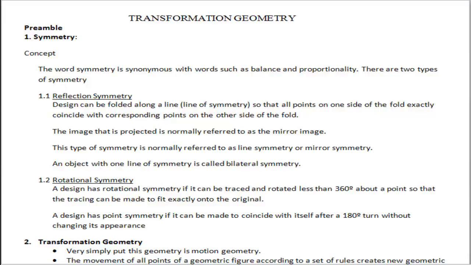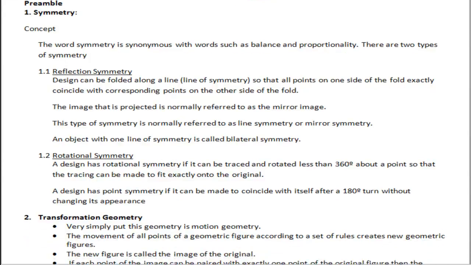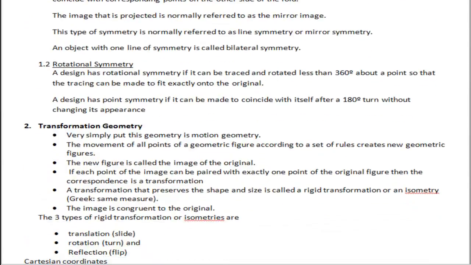When we look at the concept of transformation geometry, put very simply, this is geometry in motion. The movement of all points of a geometric figure according to a set of rules creates new geometric figures. The new figure is called the image of the original.